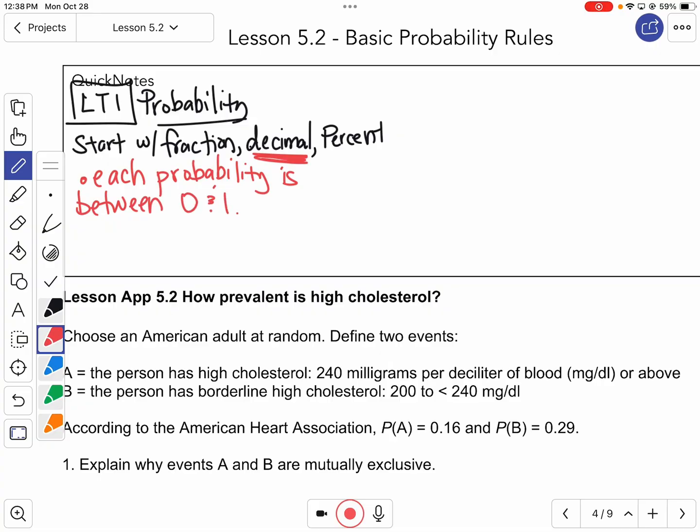Okay, so because they use it as a decimal, we say that our probability falls somewhere between 0 and 1, 0.21, 0.37, 0.56.